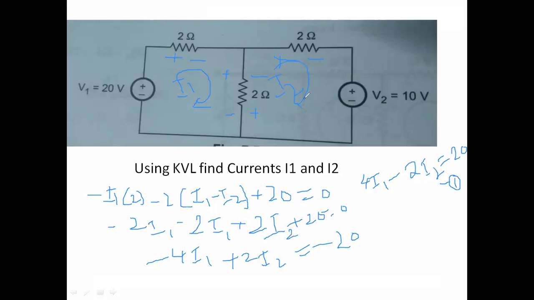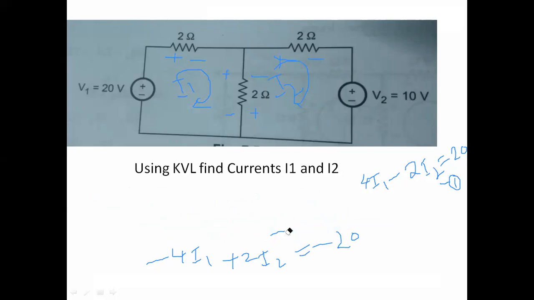Similarly, for the second loop, can anybody tell me what is the equation? Anyone? So this is the plus and minus.